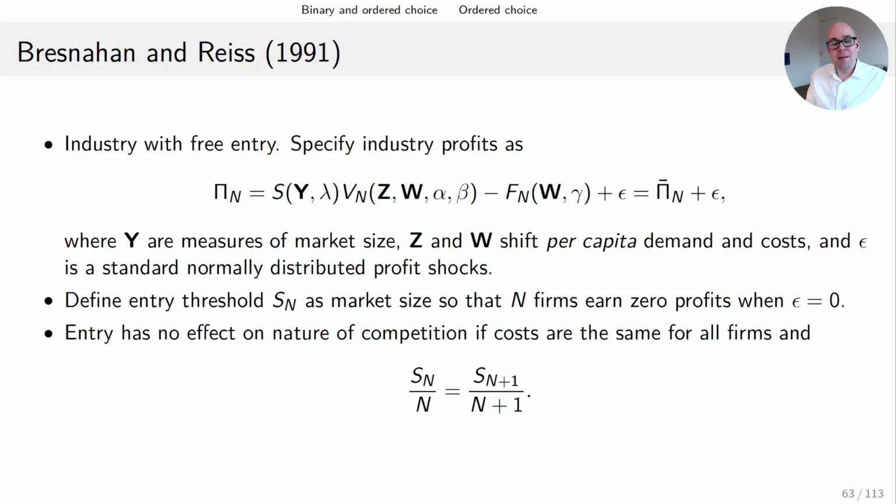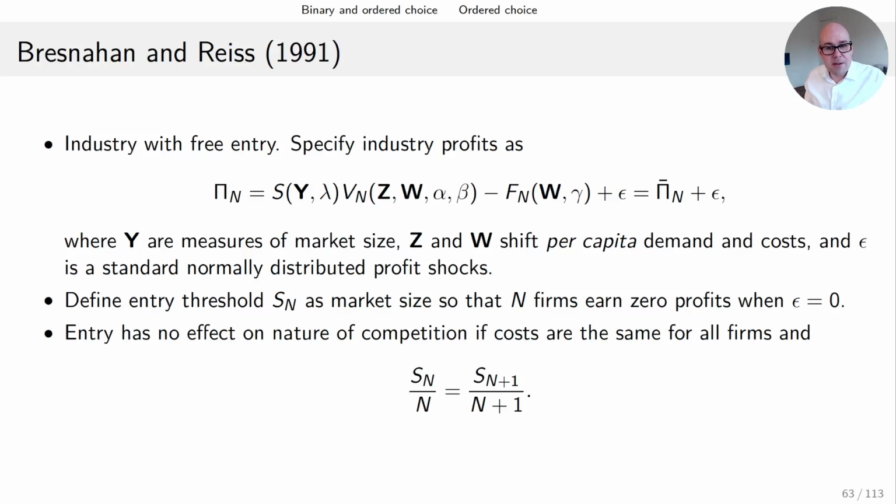So when you have more people in a market, when more people live there, then there can be more firms in that market, because more firms mean more fixed costs, but more people in that market also mean more variable profits. Okay, so there are more variable profits to cover fixed cost. And the underlying idea is that when you have too few firms in such a market, then there will be entry, right?